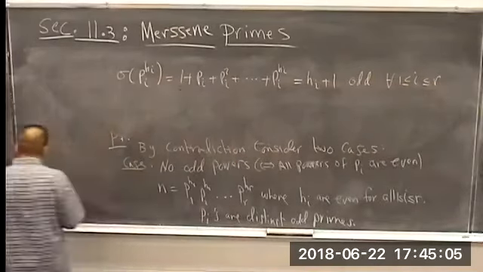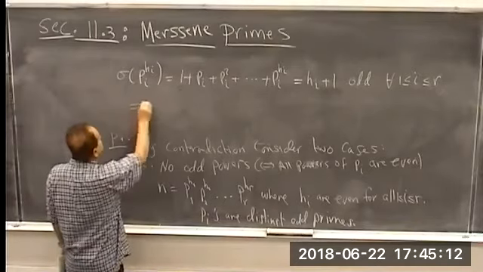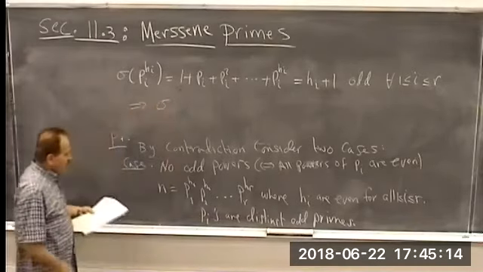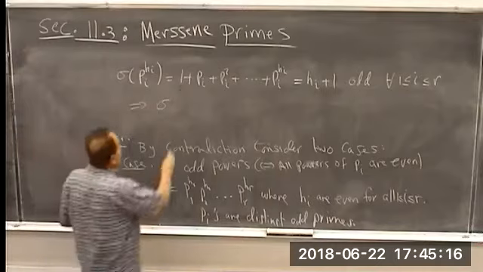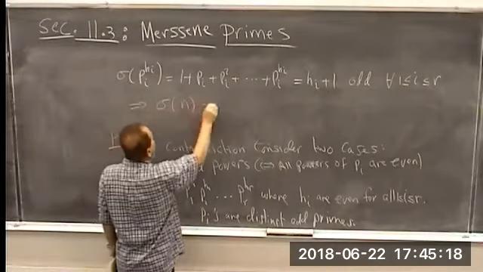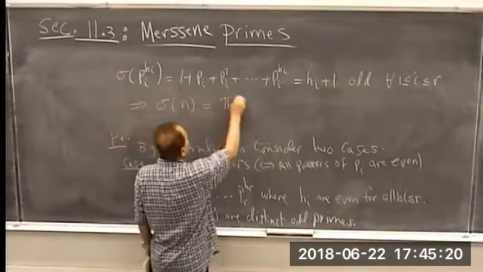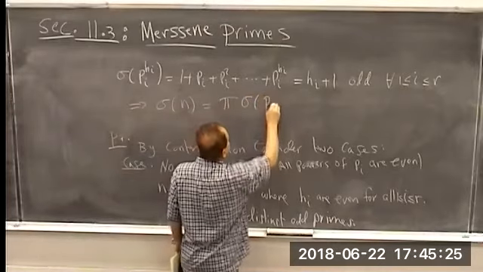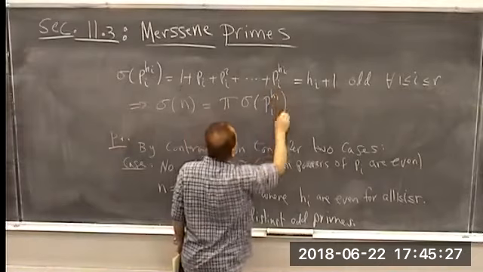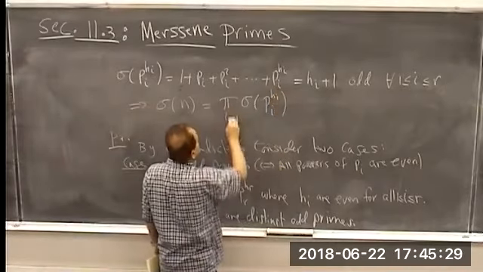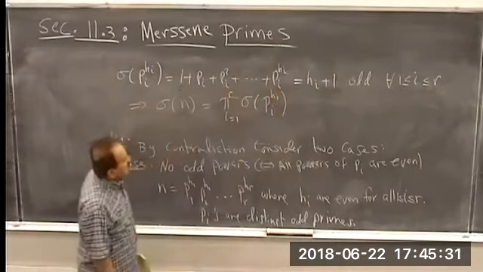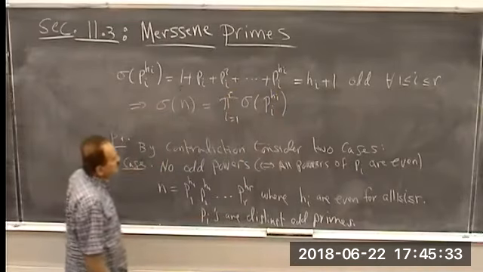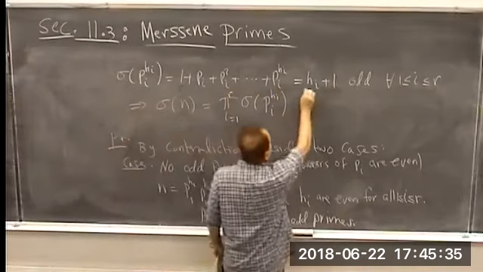And this implies that sigma of n is going to be the product of all of these, so it's multiplicative, and this becomes, of course, a product of odd numbers.